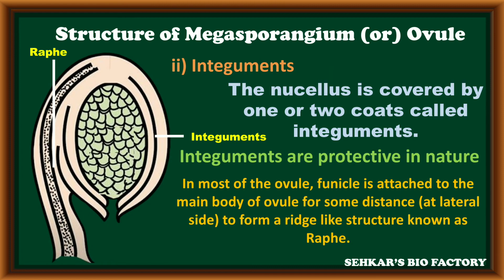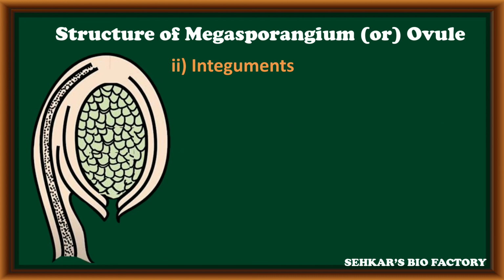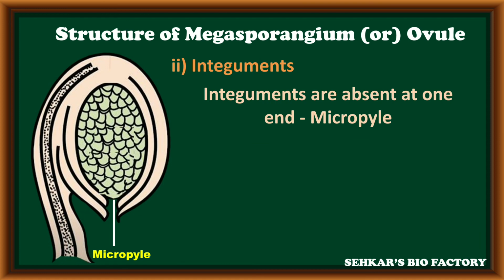In most of the ovules, where the ovule body attaches to the funicle, it forms a ridge-like structure. It is called raphe. The integuments are present around the nucellus tissue, but the integument layers are not present at one of the terminal ends. There it forms a small opening called micropyle.